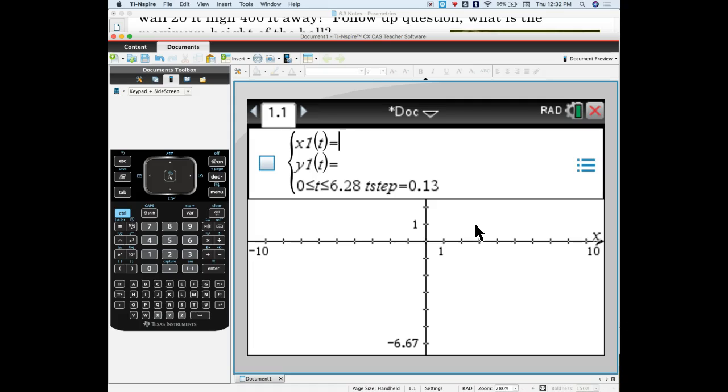Before I begin, is my calculator, which is the same as your calculator, in radians or in degrees? Radians. How do you know that the calculator is in radians? It says rad up in the corner. Okay? So because it's in radians, anytime I put a degree in, I've got to put the degree symbol. Where is the degree symbol?